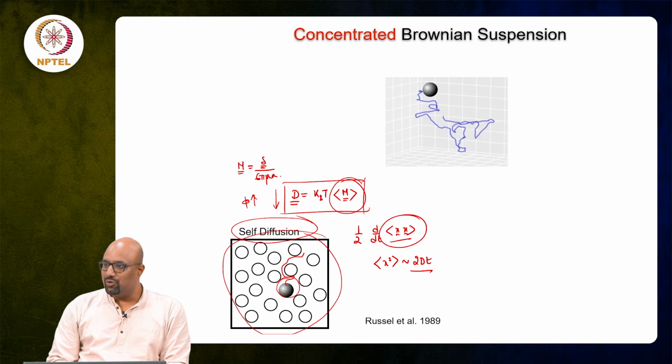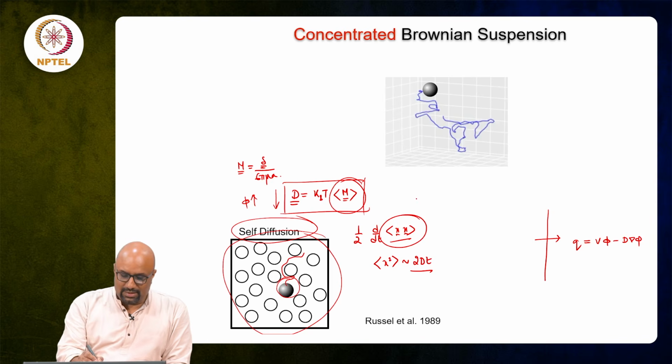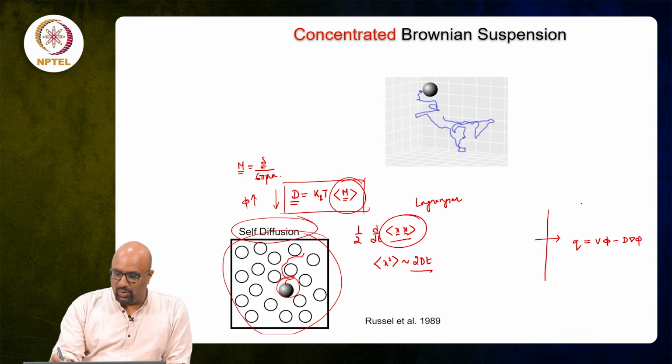This is self diffusion. But you can also measure diffusivity by measuring through a region what is the flux, which would be this quantity. That is an Eulerian approach. This is a Lagrangian approach that you have.